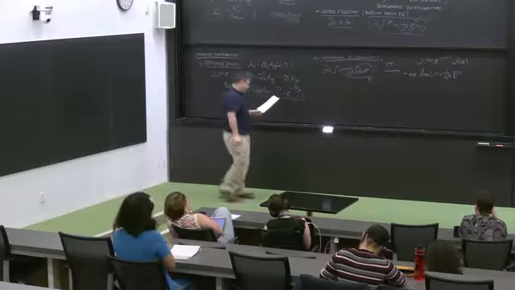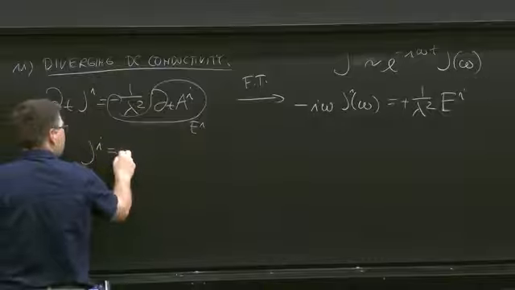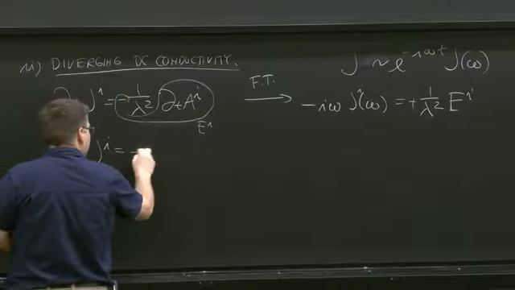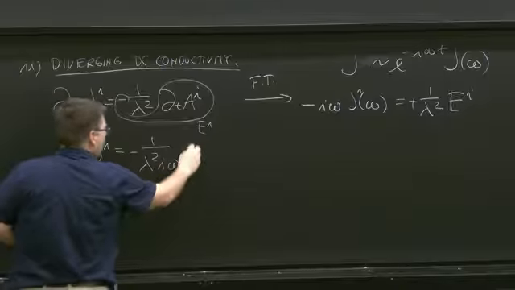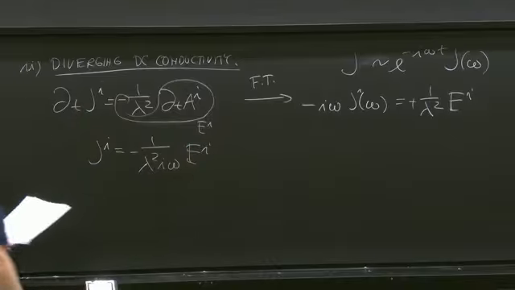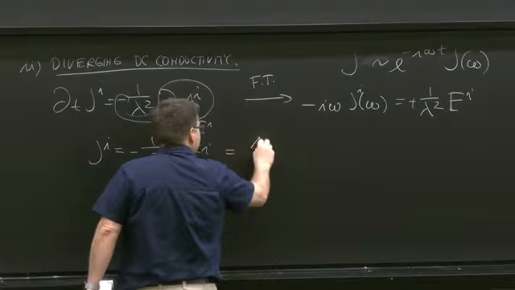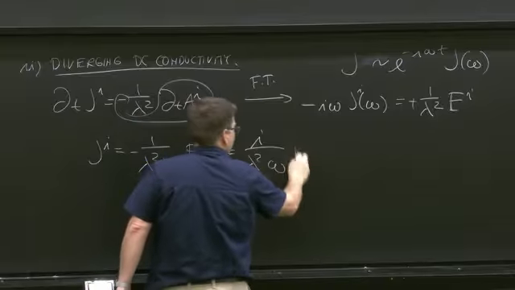And so you get an amazing formula that J_i is minus 1 over lambda squared i omega E_i, or it's i over lambda squared omega E_i.